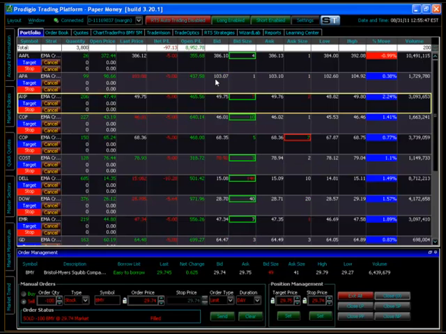So Prodigio can be used in many different ways. It can be used as a scanning system. We're enhancing the things that you can do with the scanning system so that you can provide your own parameters, et cetera. Yes, we're constantly working on it. We actually had a meeting today where we talked about doing some further development on the strategies, on the studies, et cetera.